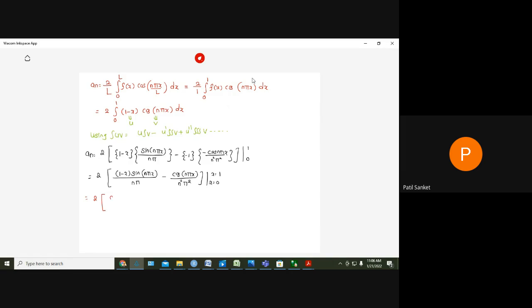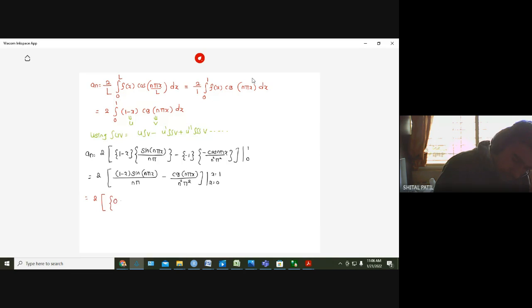First term will be 0. Lower limit, sine of 0, 0. Cos of 0, 1.